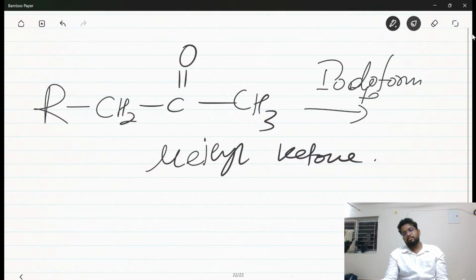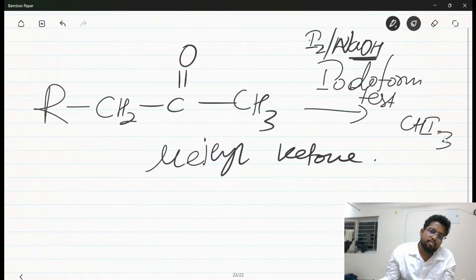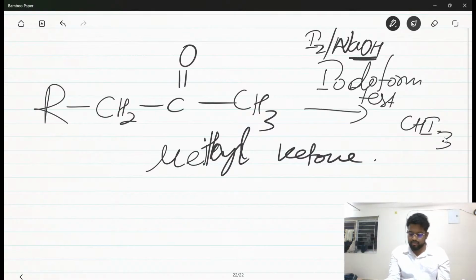What is iodoform? CHI3. How to get iodoform from methyl ketone? You have to treat it with I2 and NaOH to get iodoform from methyl ketone. So methyl ketone is an important molecule to show iodoform.